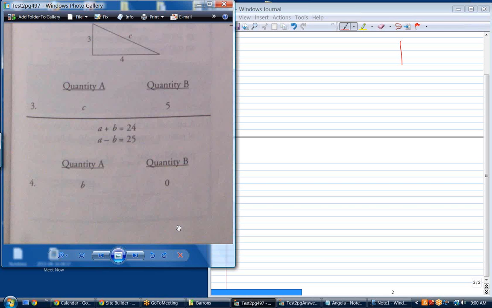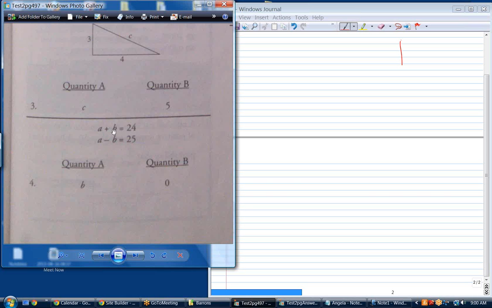Let's see, A equals, okay, quantity A is going to be larger, I believe. Correct, because if you add these two equations, 2A is equal to 49, A is equal to 24.5.